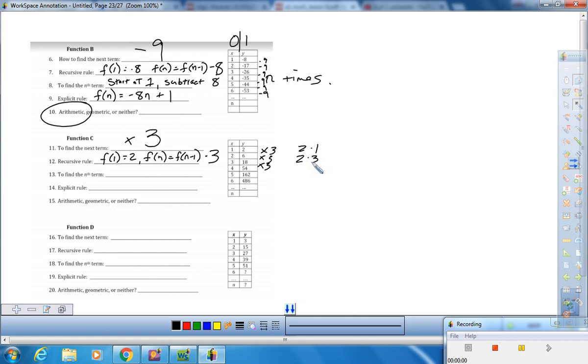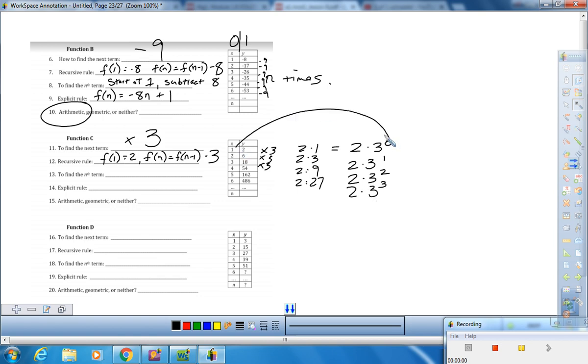2 times 3, 2 times 9, and then 2 times 27. Okay, well, this is the same thing as 2 times 3 to the 0, 2 times 3 to the first, 2 times 3 to the second, 2 times 3 cubed.